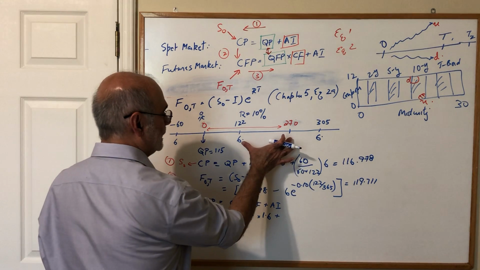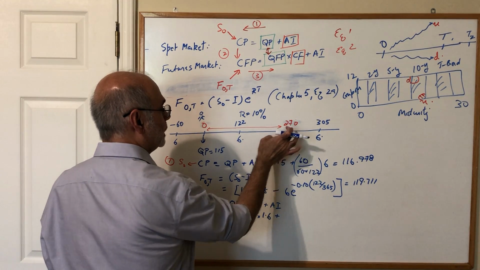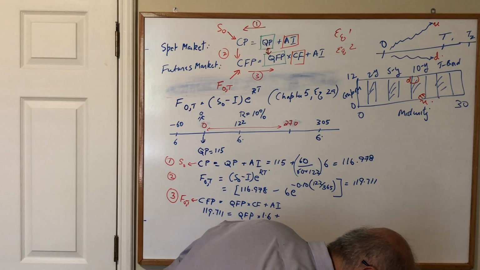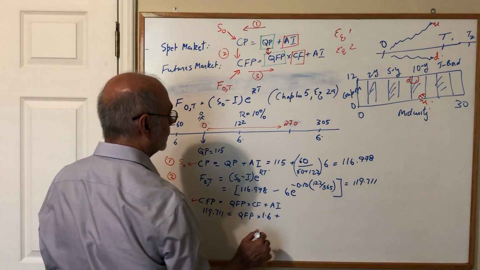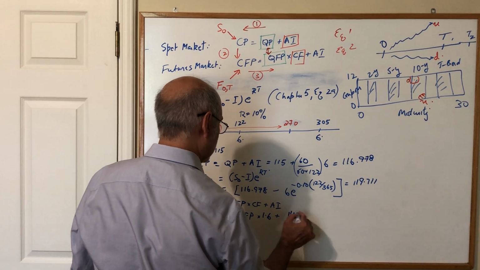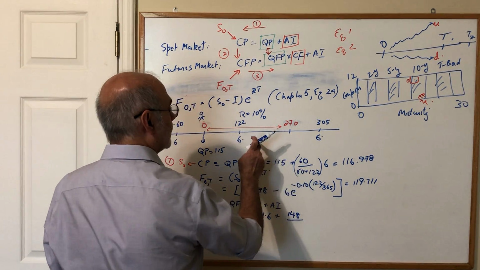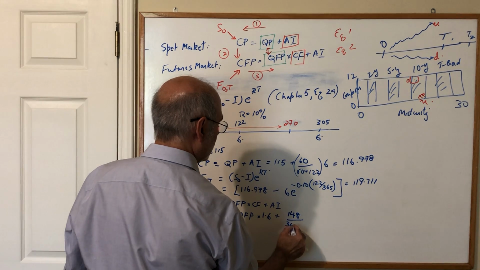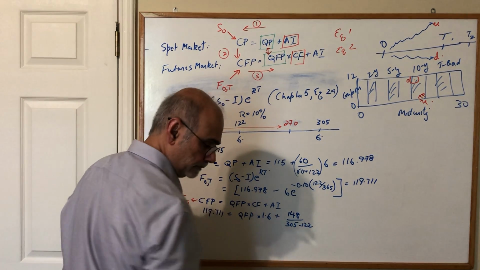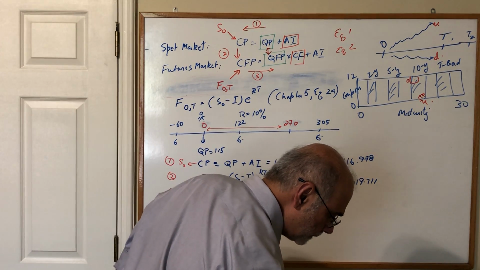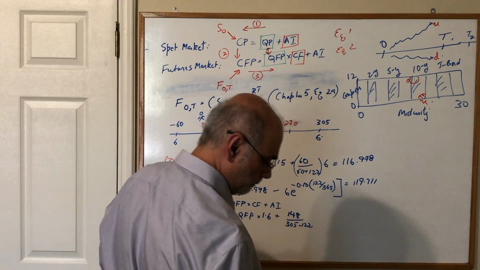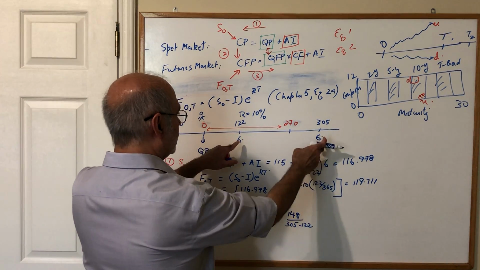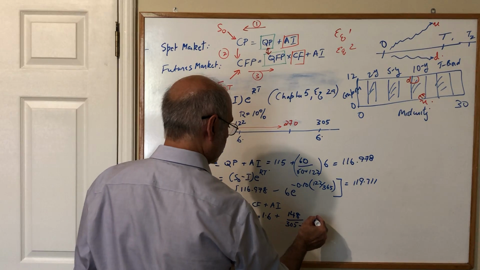The accrued interest is the number of days since the last payment, which is 270 minus 122, that is 148, divided by the number of days between payments, 305 minus 122, times 6.